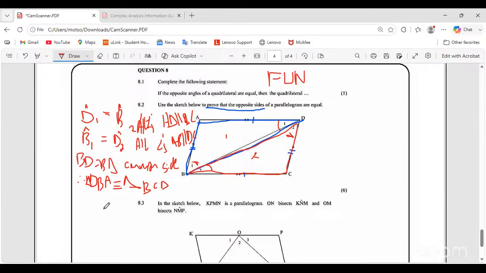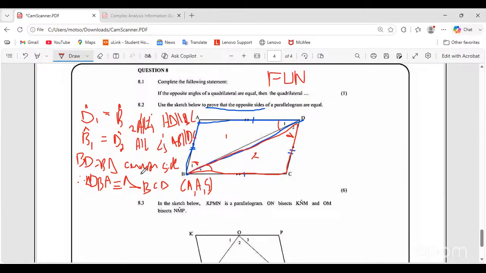Now, since we proved this using an angle and a side, you will state that here. We used an angle and a side. Now, we have proved the congruency between the two triangles.